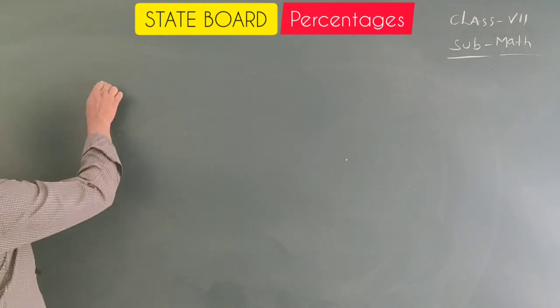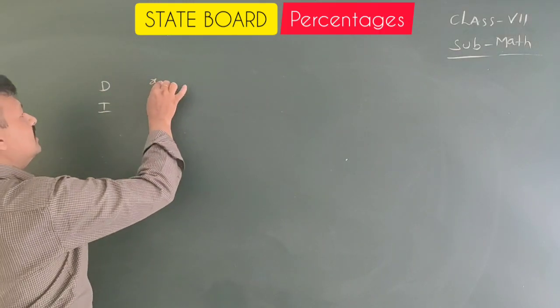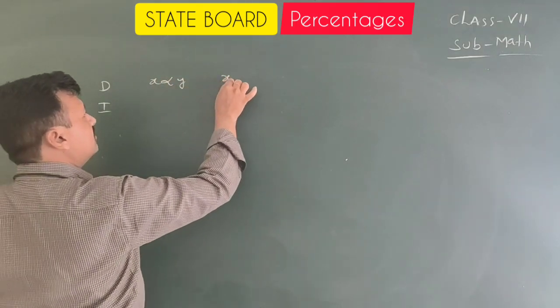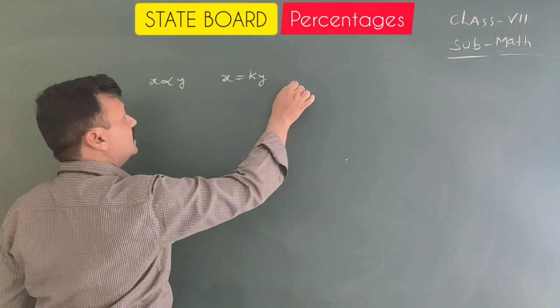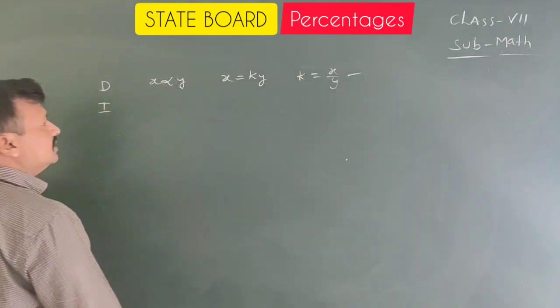In this video we discuss direct proportion and inverse proportion. Direct means x is directly proportional to y, x equals some k into y, k equals x by y. Here the ratio is fixed.